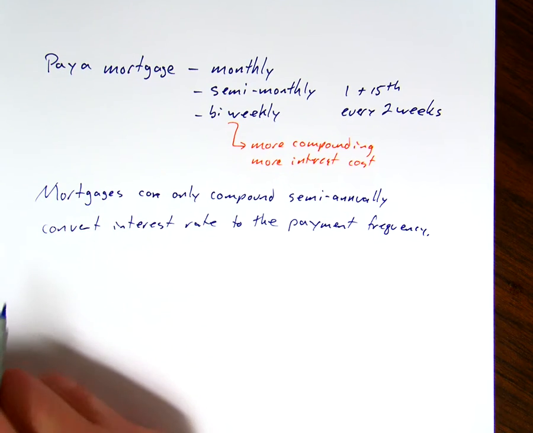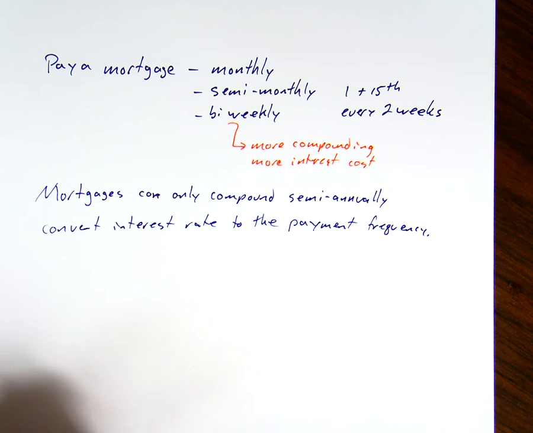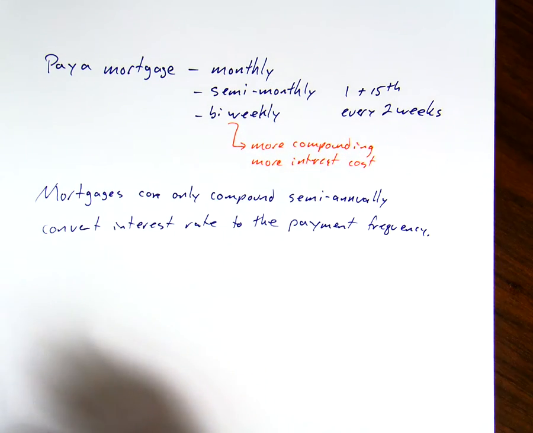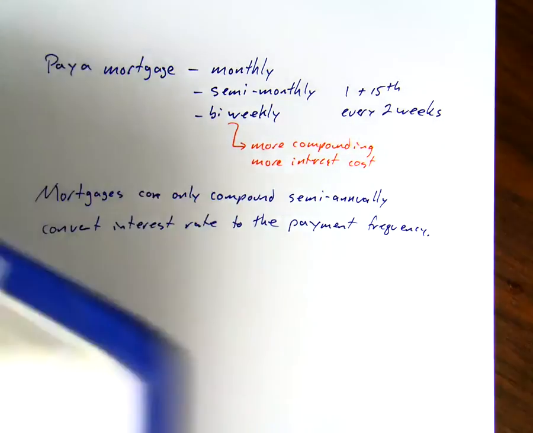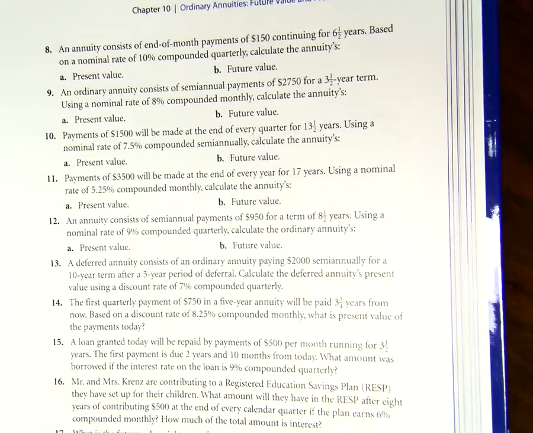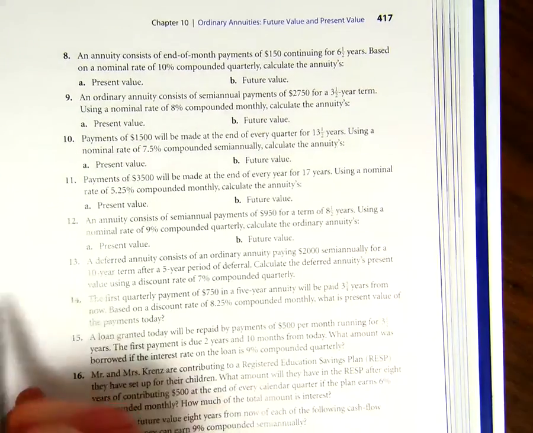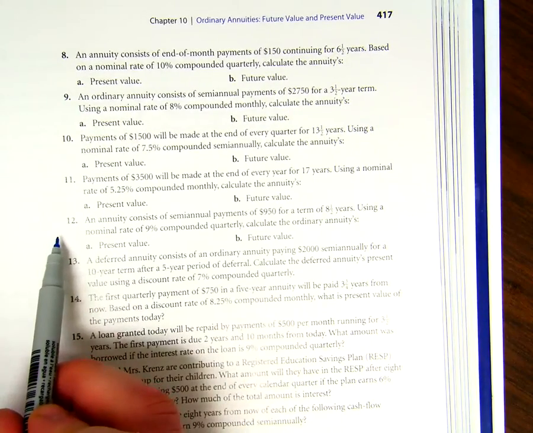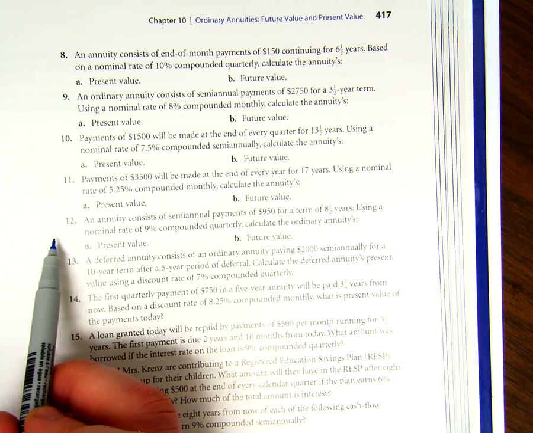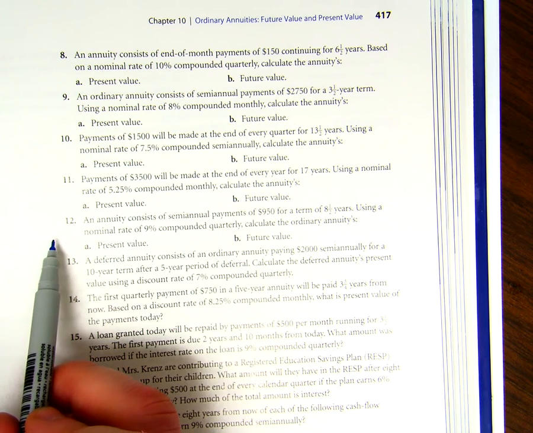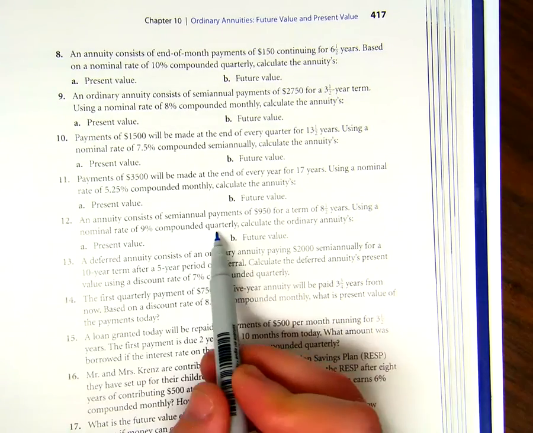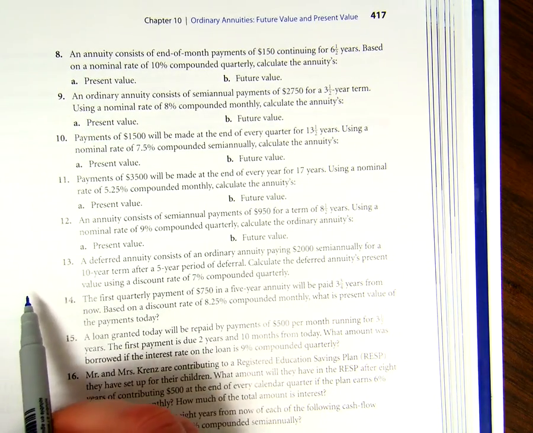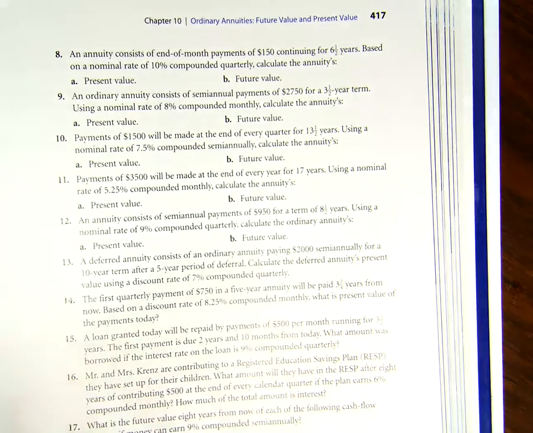All right, so we'll take a look at a problem from the book, question 12. An annuity consists of semi-annual payments of $950 for a term of 8.5 years. Using a nominal rate of 9% compounded quarterly, calculate the annuity's present value and future value.